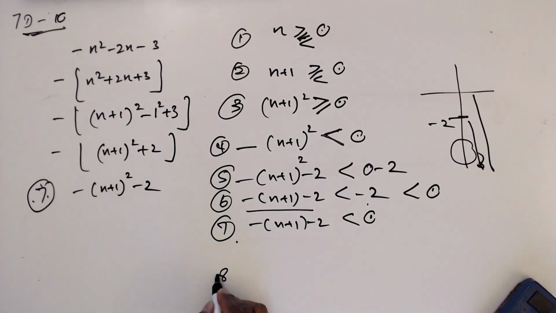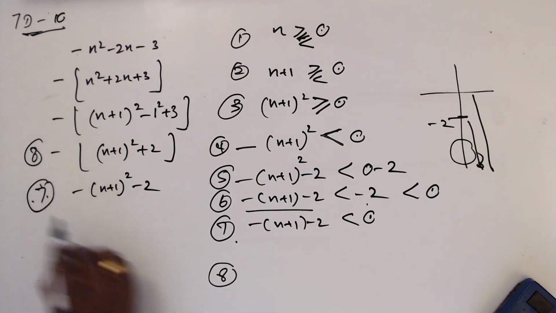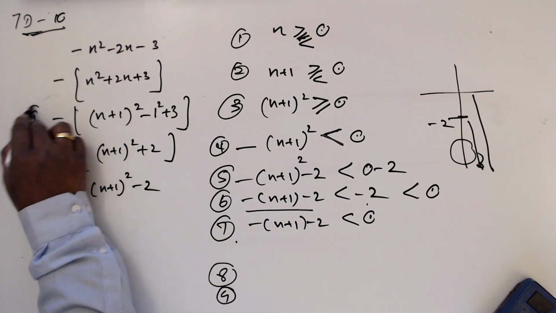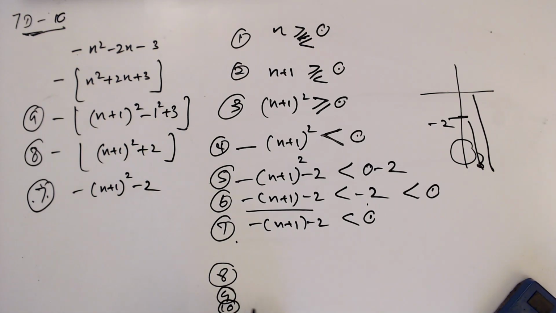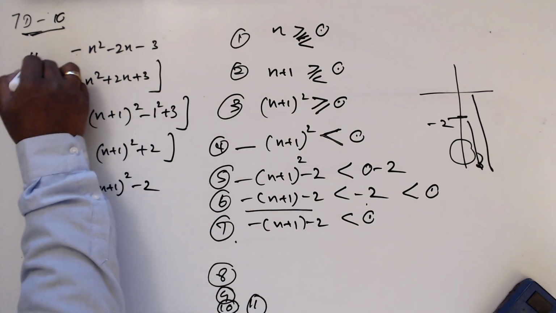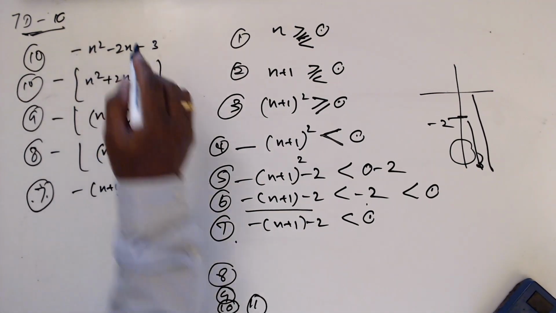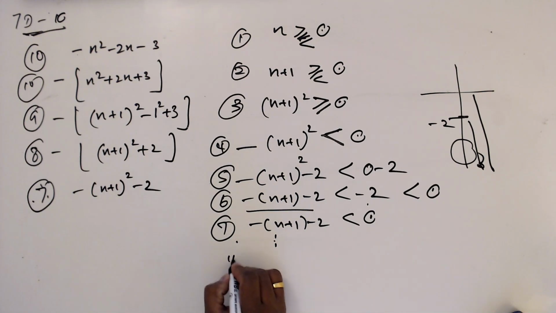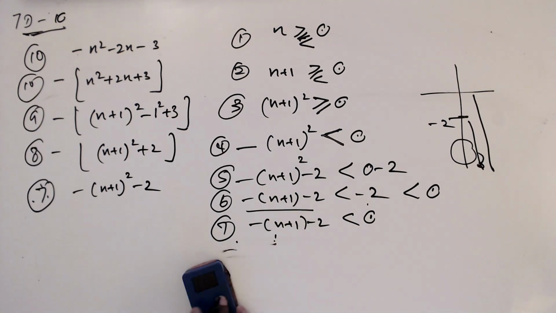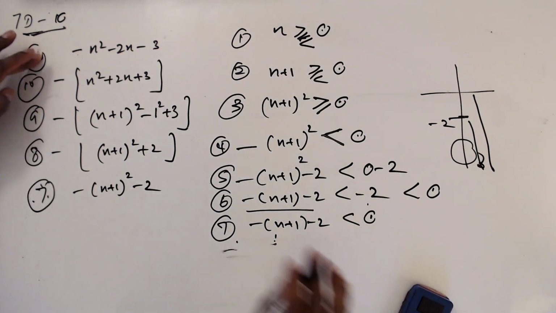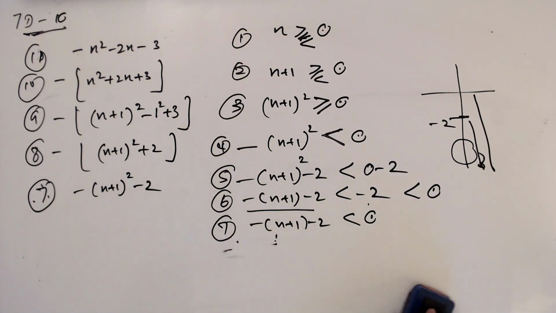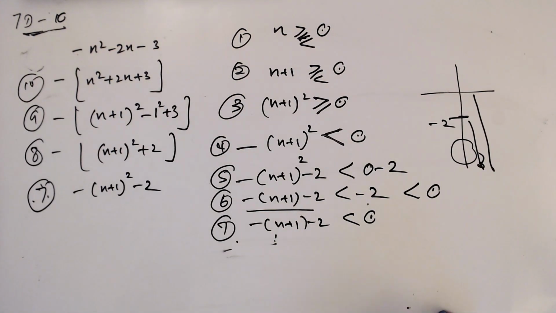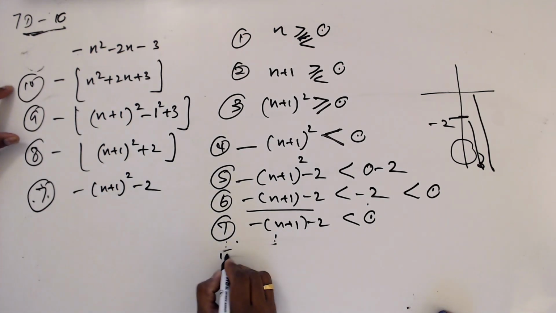Then the eighth step is this one, the ninth step is this one, the 10th step is this one, and the 11th step is this one. You don't need 11 actually. After 10 you are writing 7 to 10.